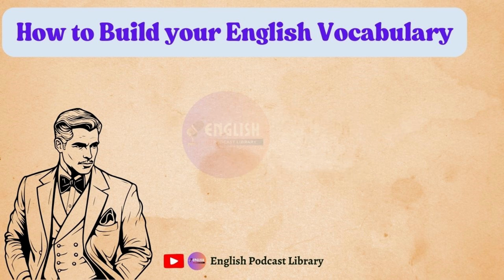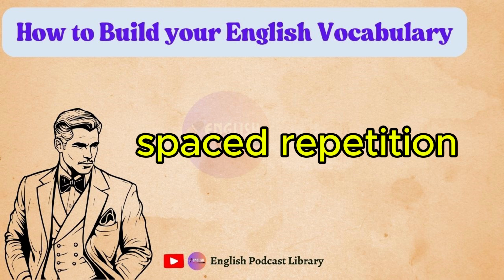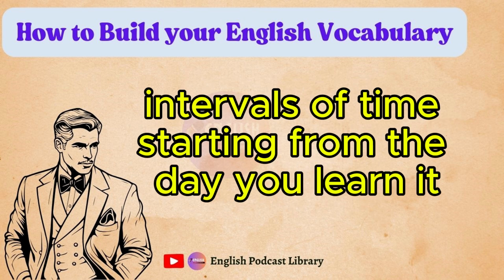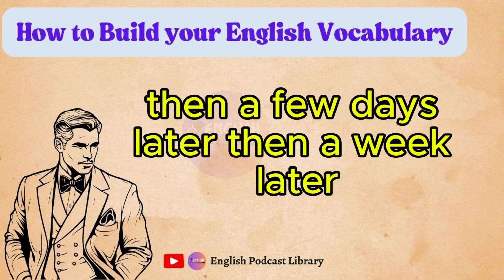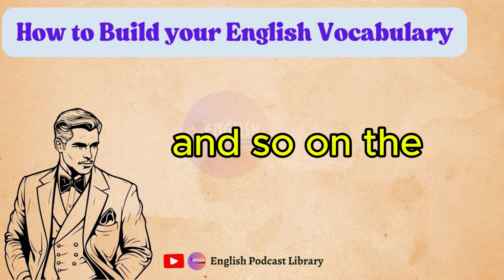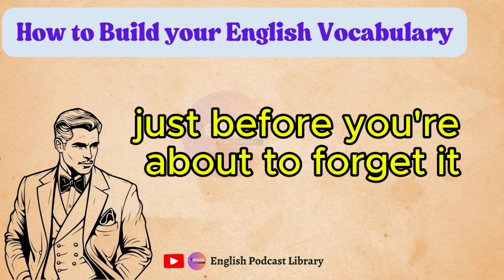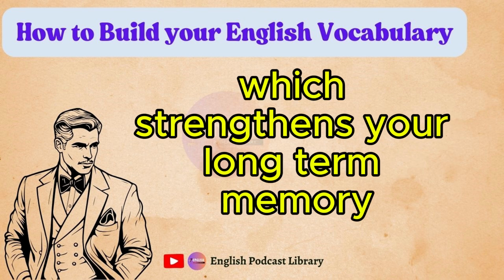Spaced repetition is a method where you review a word at increasing intervals of time, starting from the day you learn it, then a few days later, then a week later, and so on. The idea is to review the word just before you're about to forget it, which strengthens your long-term memory.